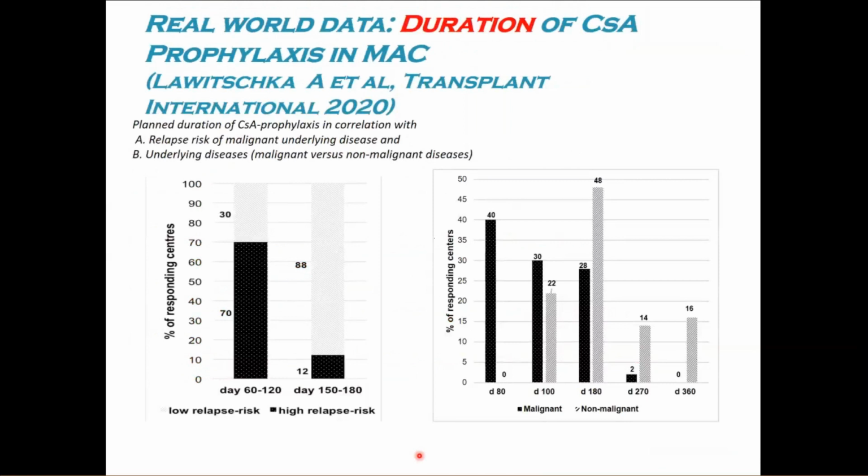The duration of cyclosporin A prophylaxis was reported shorter when we asked for the relapse risk. So in high relapse risk in malignant diseases, the duration was significantly shorter, between day 60 and day 120.